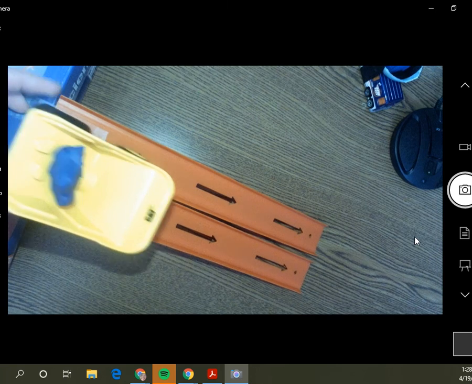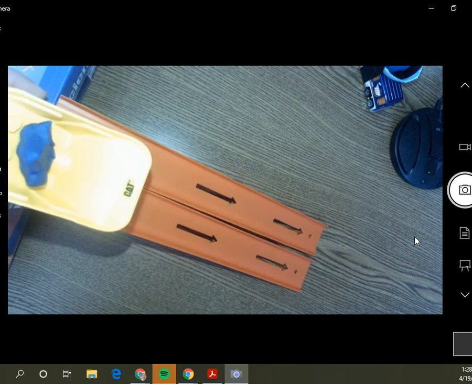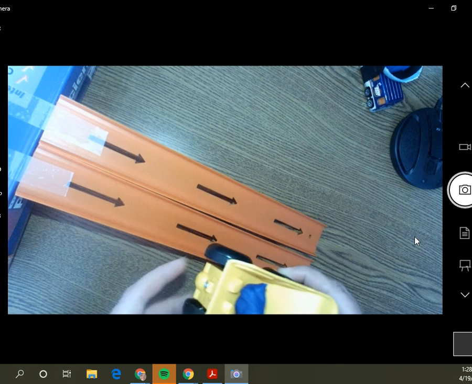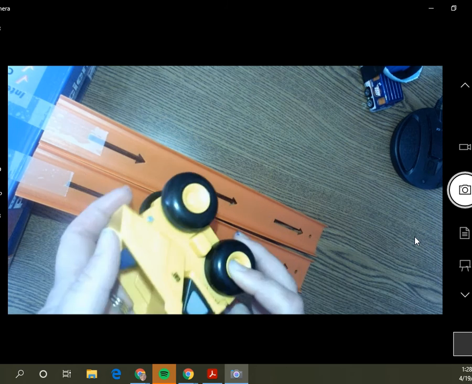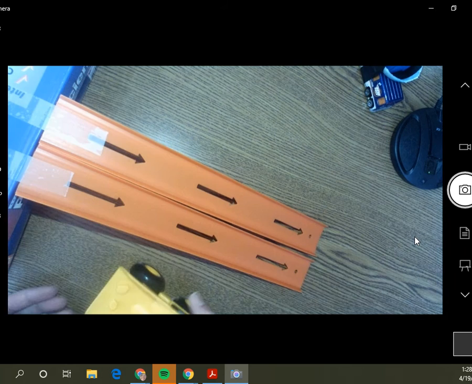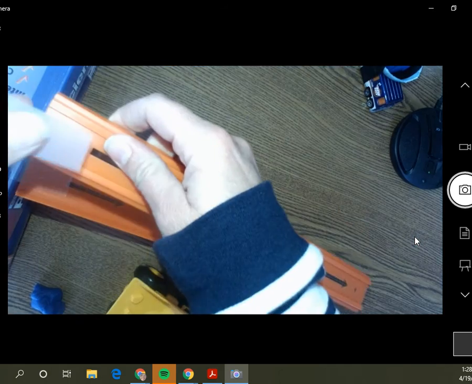See if we have the same results. Well, that didn't work like I thought it would. Why do you think this one stopped? Let's investigate the bottom of it. Maybe if we turn our tracks over and try it again. Maybe there was too much holding up.